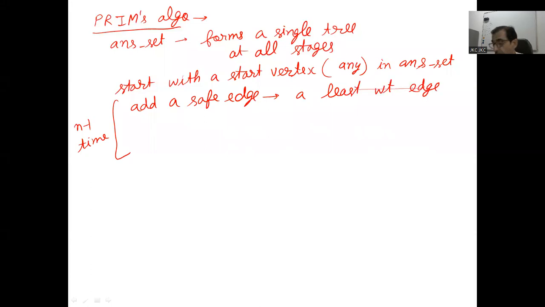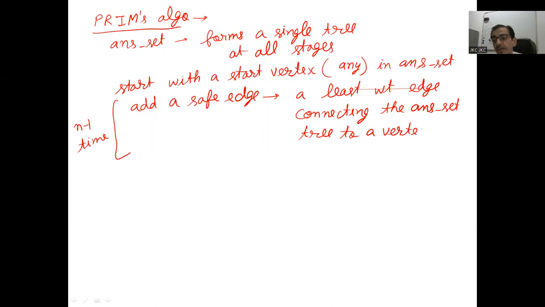But now the least weight edge will be connecting the answer set tree, because answer set is a tree effectively. So I'll say this will connect answer set tree to a vertex which is presently not in the tree.